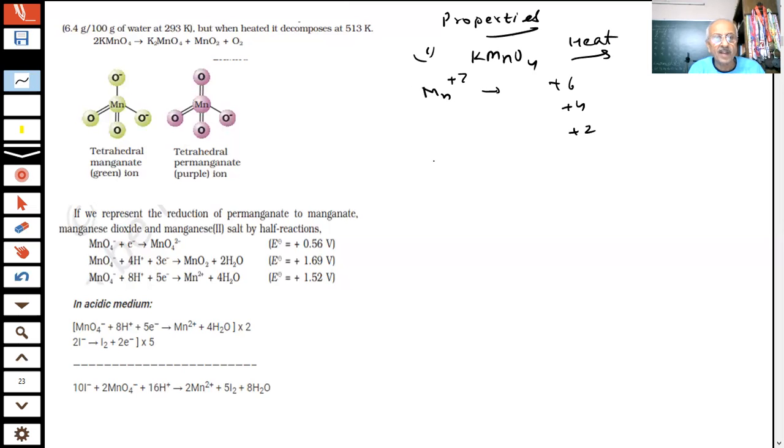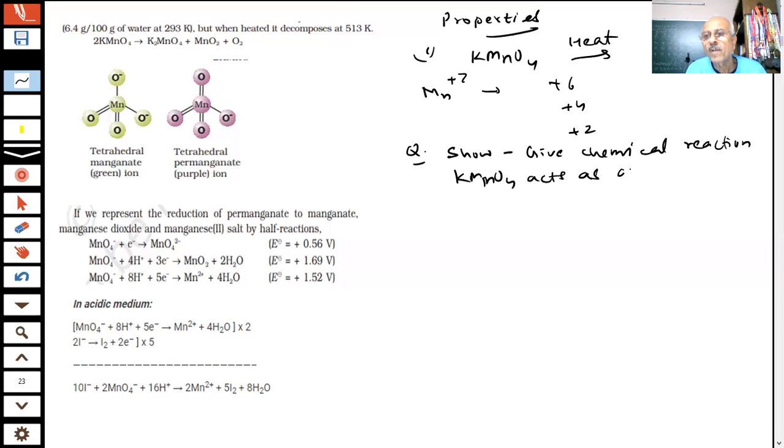Therefore, it can act as an oxidizing agent. And they will ask a question: give a chemical reaction or an equation showing that KMnO4 acts as an oxidizing agent. It is a favorite question, students, in the exams.